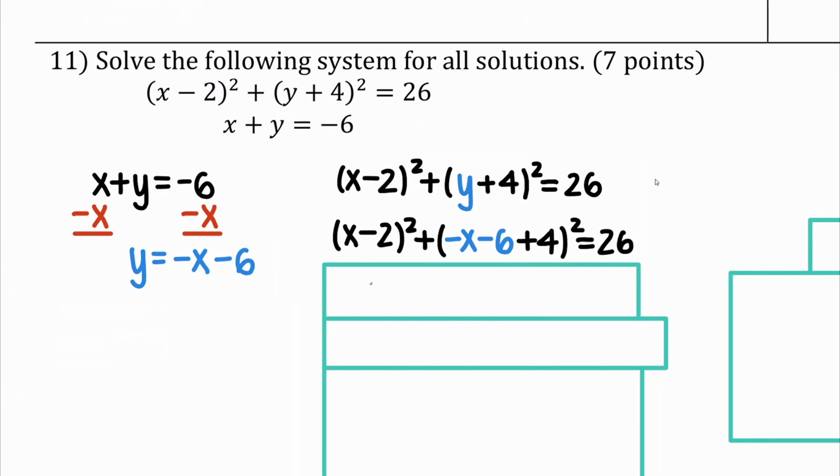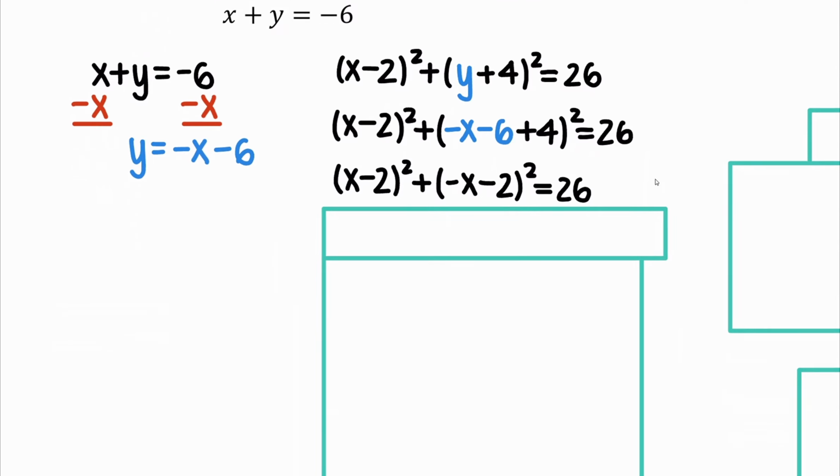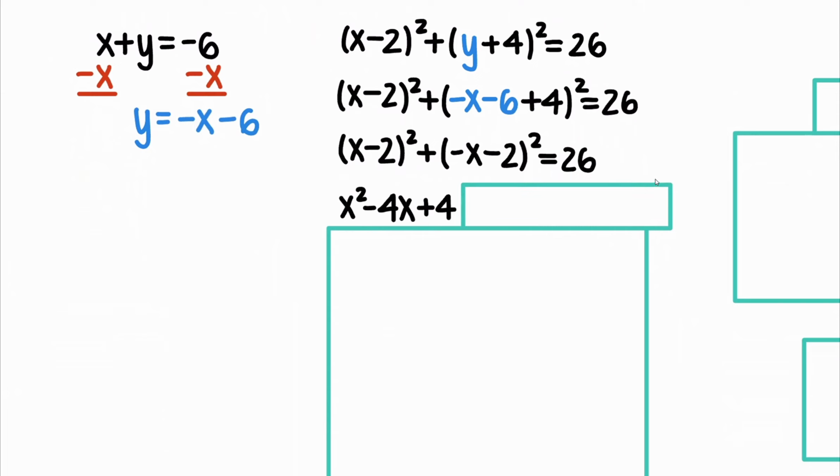From here, let's combine like terms of the negative 6 and the 4, thus giving us x minus 2 squared plus negative x minus 2 squared equals 26. And now let's multiply out the binomials, so that gives us x squared minus 4x plus 4. And then in the second one, that's going to give us x squared plus 4x plus 4, because the main difference is the plus and this one's minus.